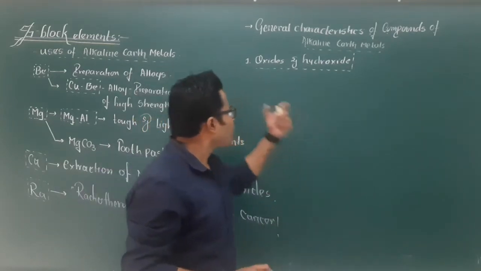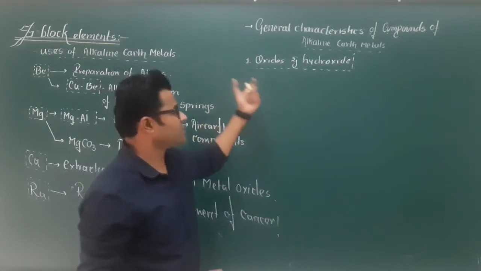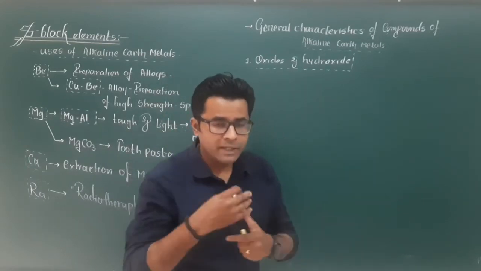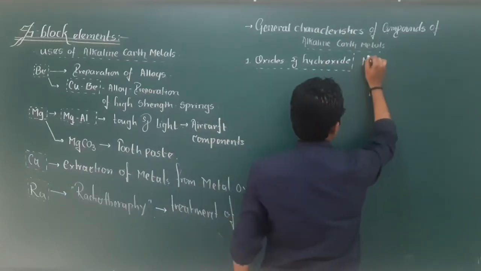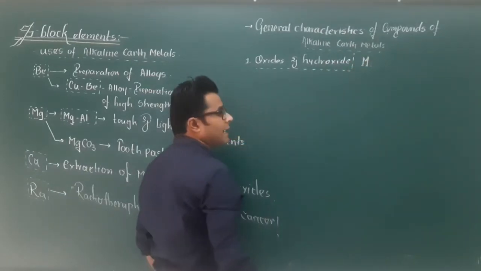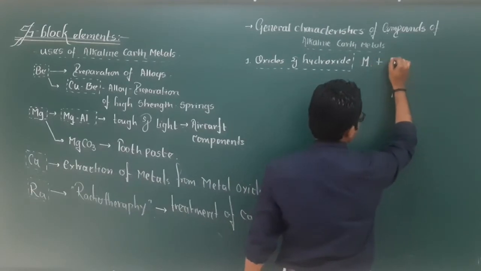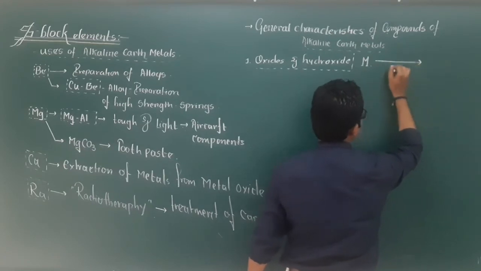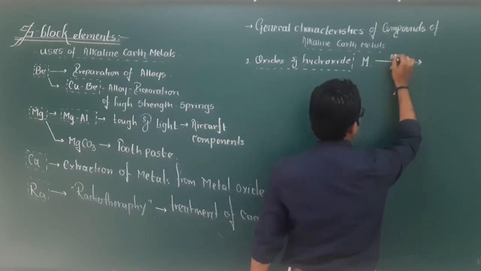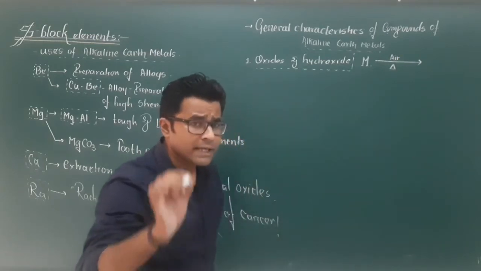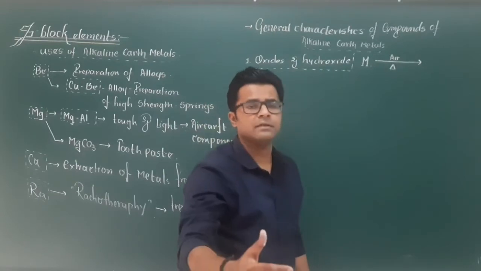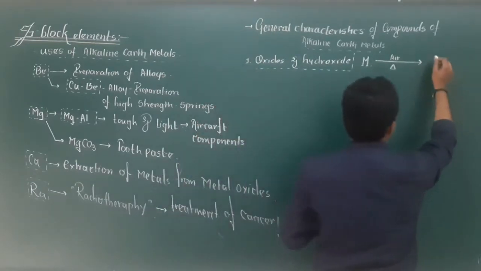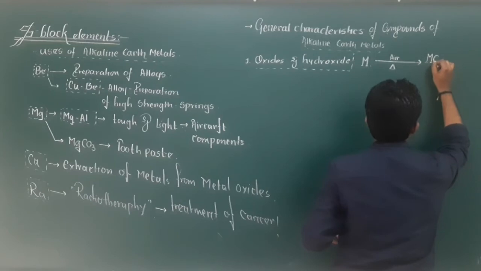to understand which are the metals which can give these oxides or hydroxides, what is going to be the trend in it. Okay, so whenever we take an alkaline earth metal and as we heat this in the presence of air, okay, so as we burn this in the presence of air, except for beryllium, all other elements of the alkaline earth metals will get oxidized in order to form metal oxides.